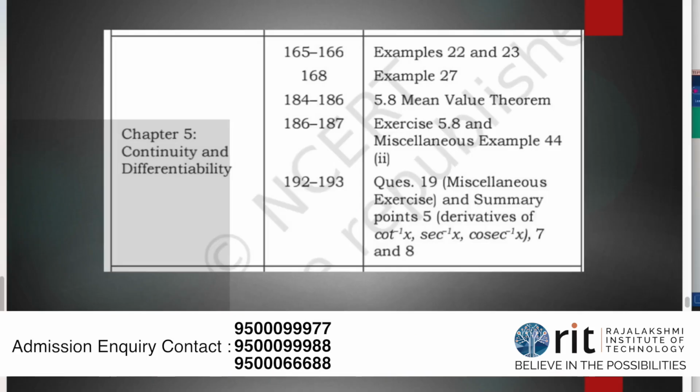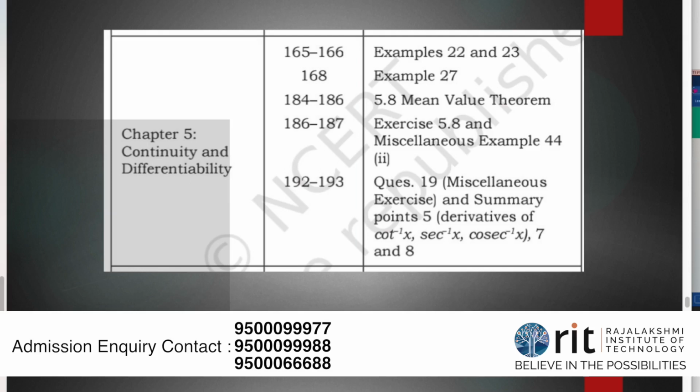Page number 165 to 166, example 22 and 23 is surely not to read. Page number 168, example 27, 184 to 186, 5.8, mean value theorem. Even Rolle's theorem is not coming this time. So Rolle's theorem, mean value theorem, the question from Rolle's theorem and mean value theorem will not be coming.